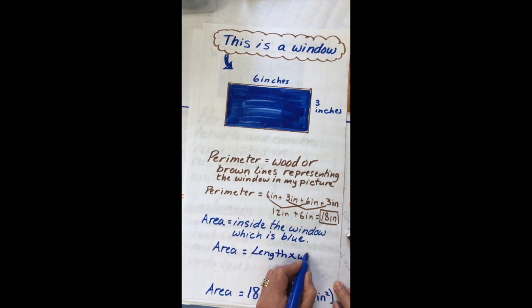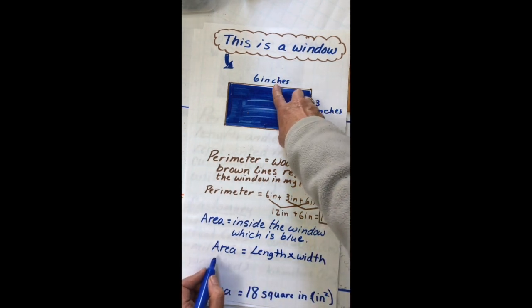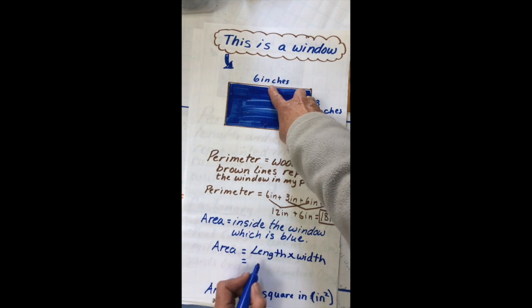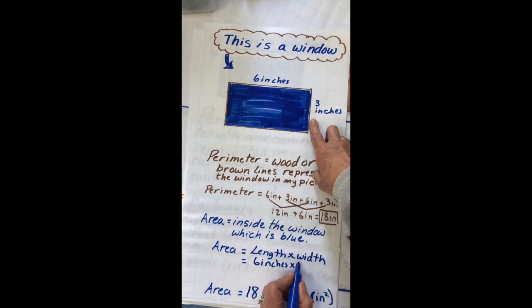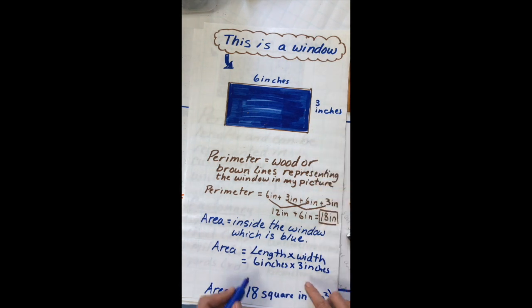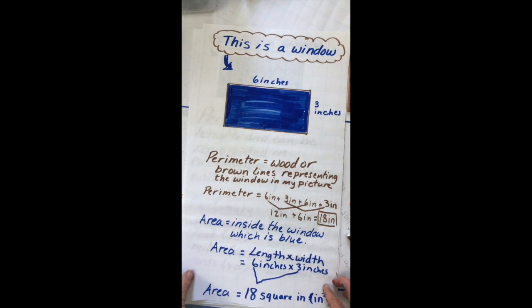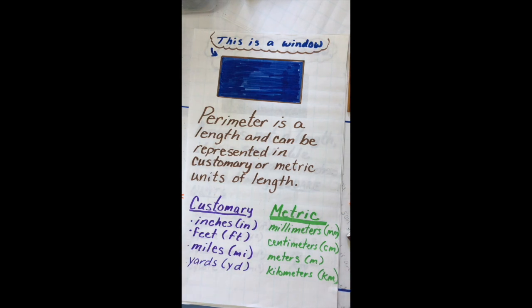So if I look up here, I know the length is 6 inches and the width is 3 inches. And then if I multiply 6 times 3, I still get 18. So there were 2 ways to figure out that problem.